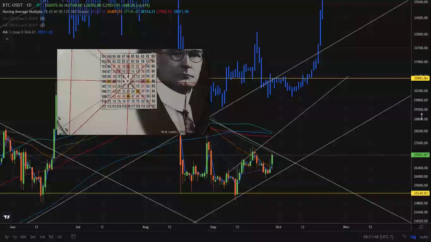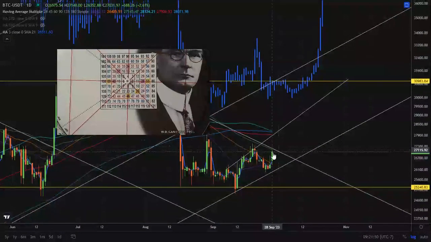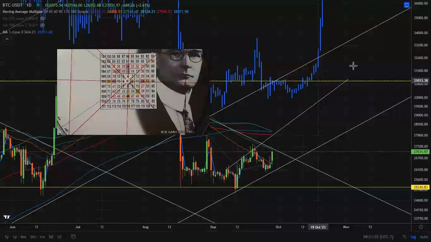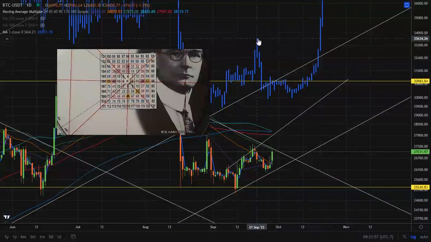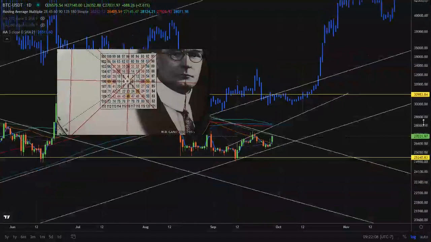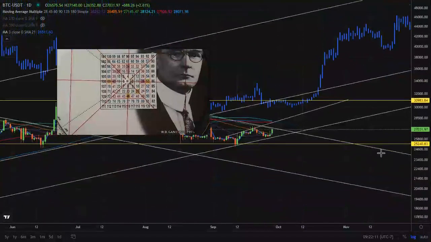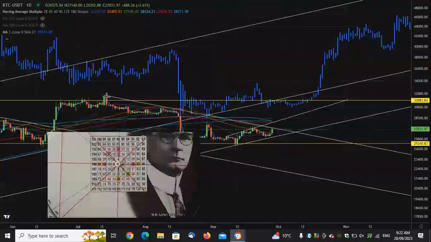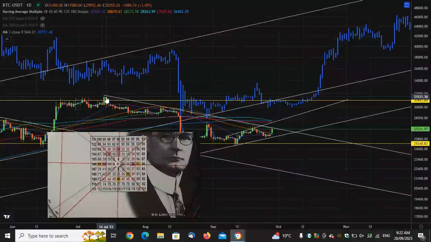However, we could retest this area. If we were to break out of this area like we did here, then that's right, our sequence for the 34,000 and the 37,000 and our 40,000. Remember, we were talking about these in our previous tutorials.